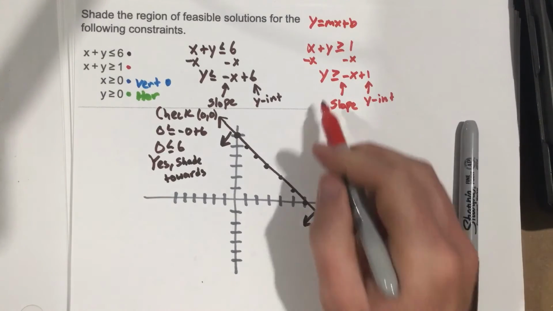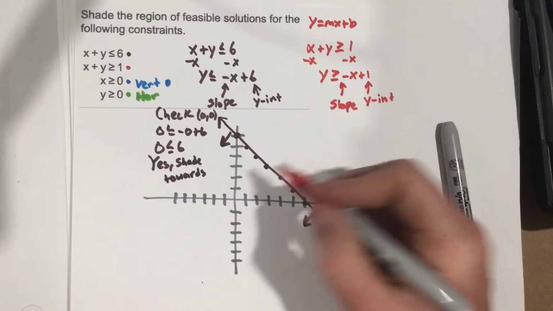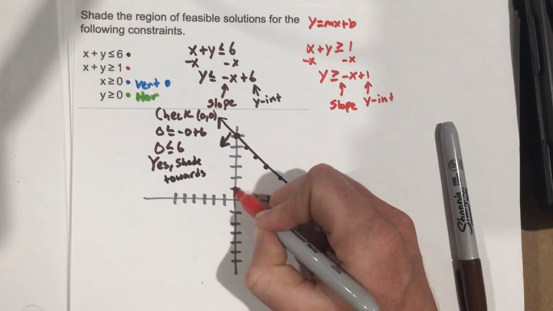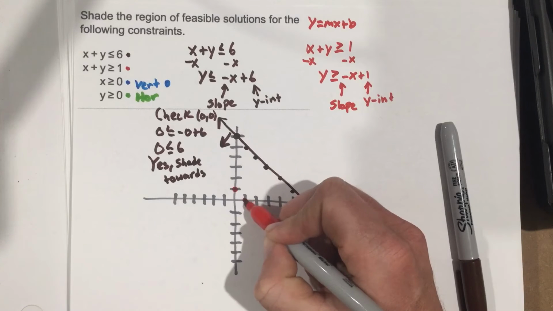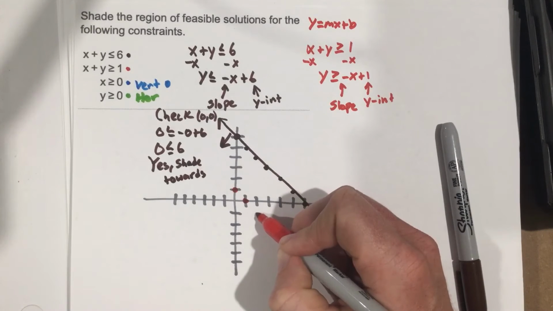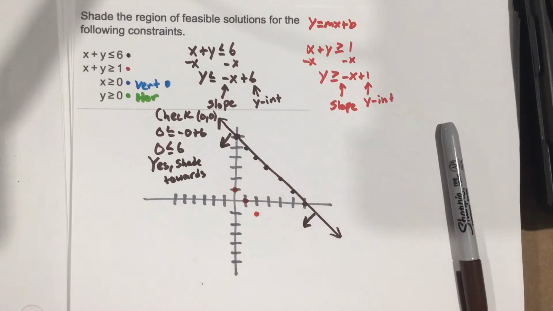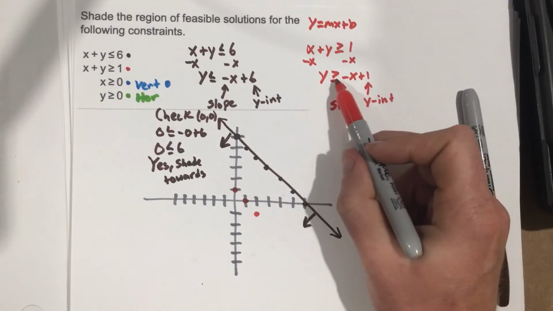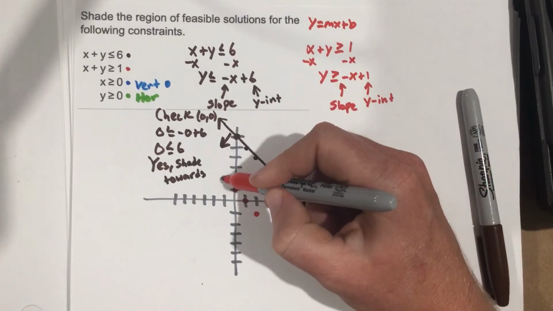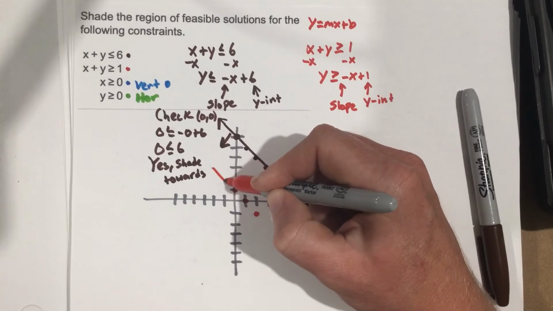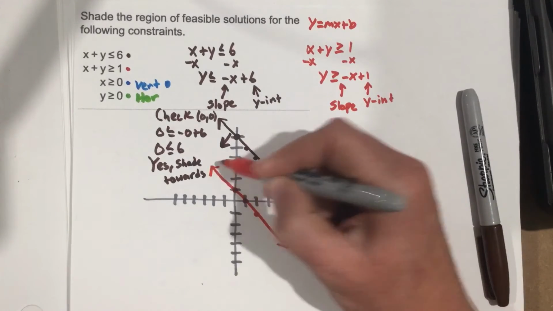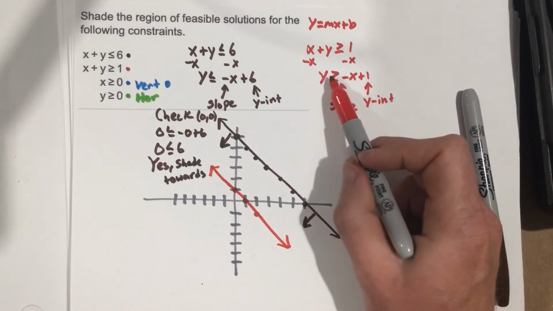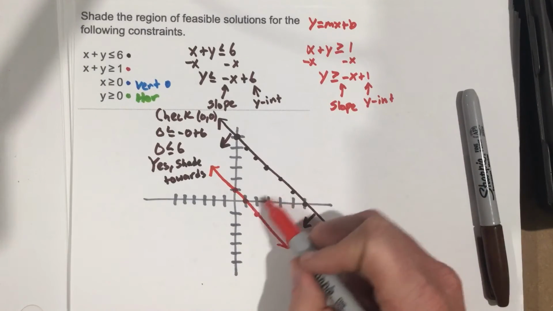So we have y greater than or equal to negative x plus 1, so plus 1 is here. Down 1 over 1. Down 1 over 1. So we're going to go ahead and mark that. It's a bold line. Just like so. And it says greater than or equal to, which means shade this direction.